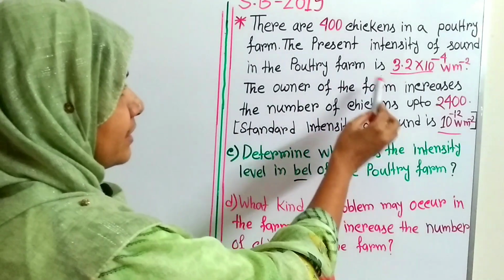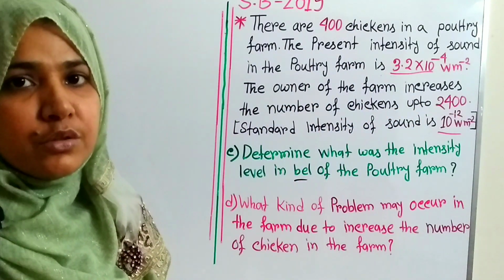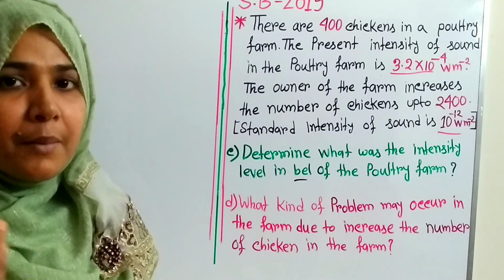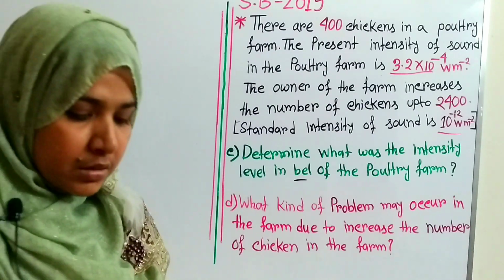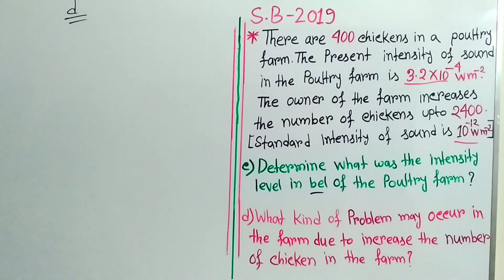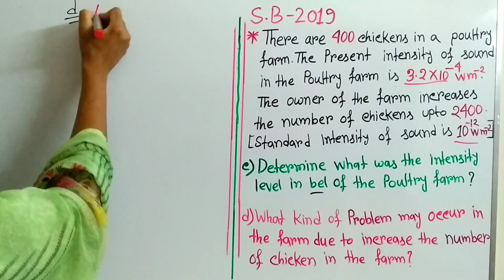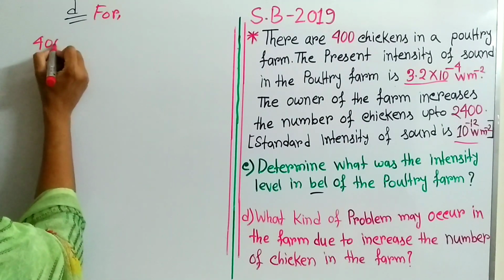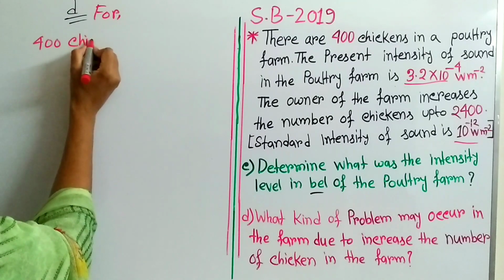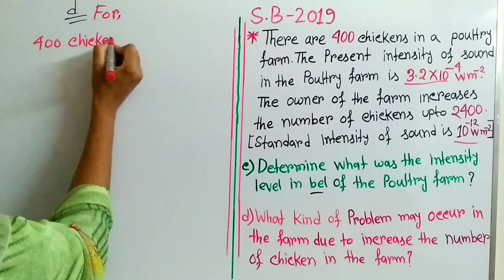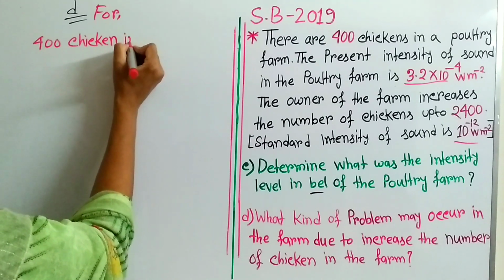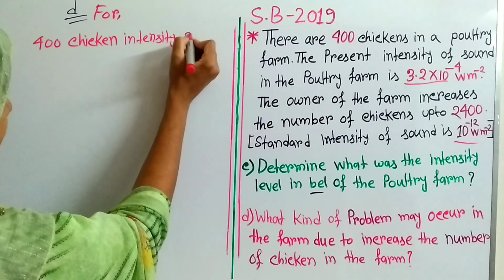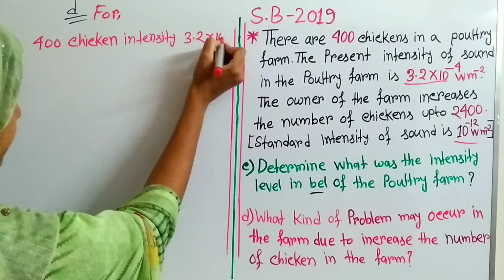Here from the stem you can see that the intensity for 400 chicken is given. So we can easily calculate the intensity for 2400 chicken by using unitary method. So we can write that for 400 chicken, intensity is 3.2 into 10 inverse 4.